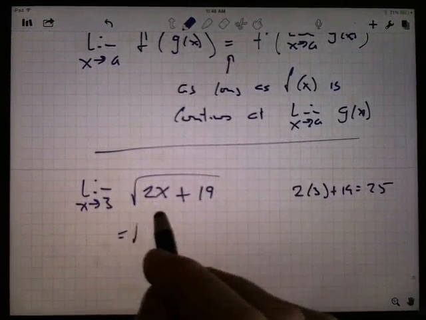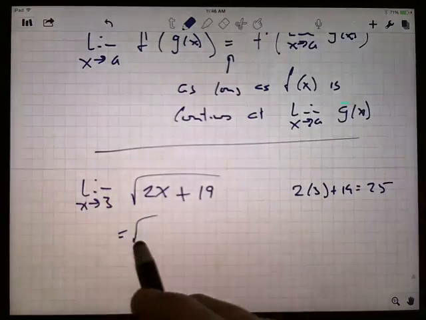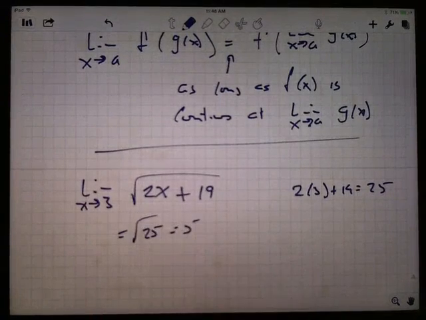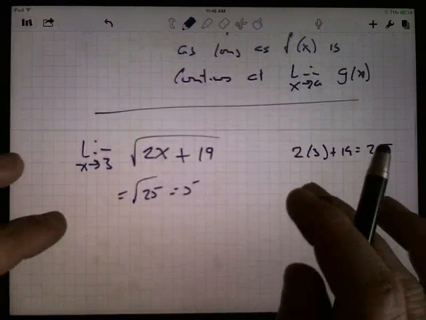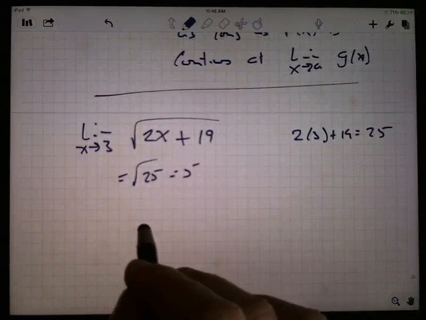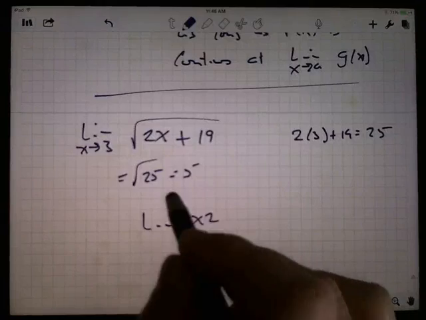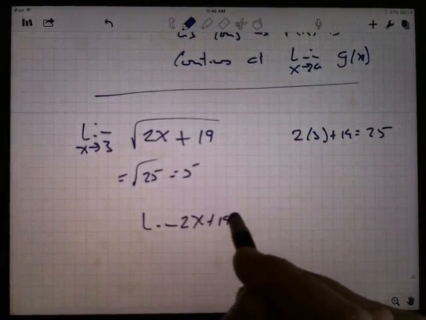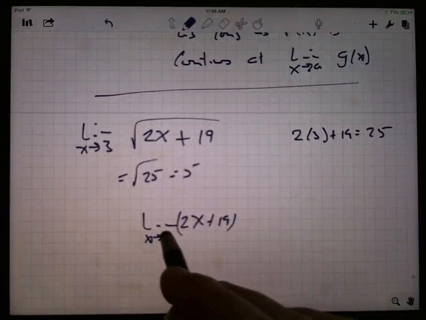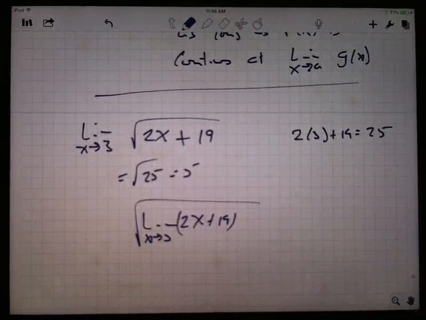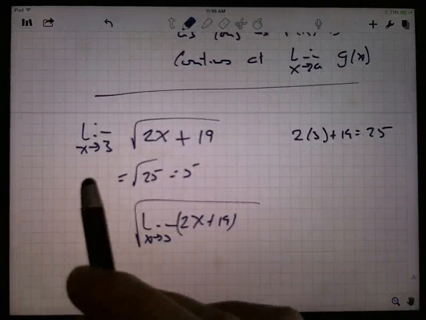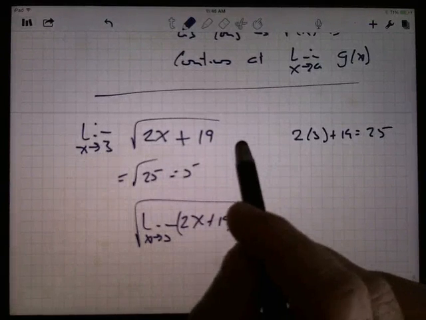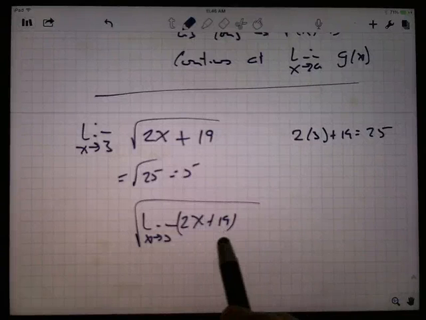So this is the square root of 25, which is 5. Really what you've done is you've said, I know how to take the limit of a linear function, 2x plus 19, as x goes to 3, and then I'll just take the square root of the answer. That is, you took the limit of a square root of something and said, I'm just going to take the square root of the limit.